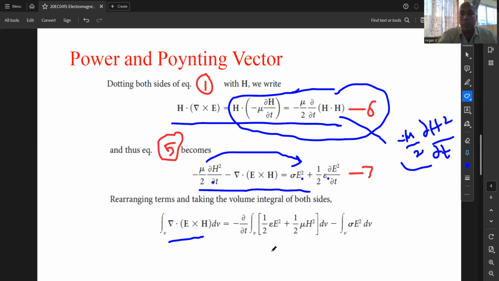Three terms are coming this way. So del dot E cross H is equal to 1 by 2 sigma E square, 1 by 2 mu H square, and sigma E square. This is the result.